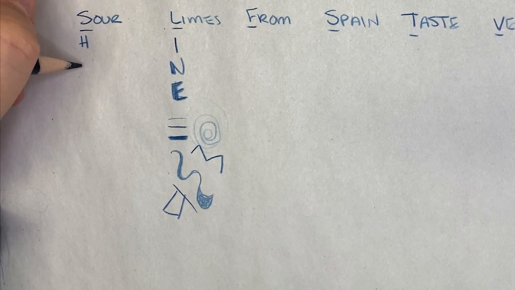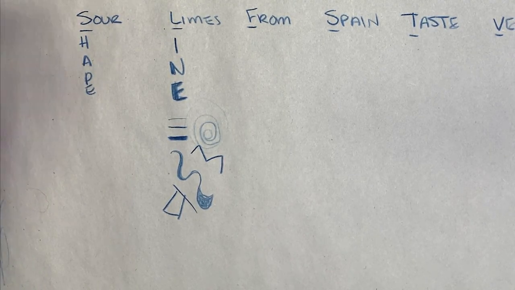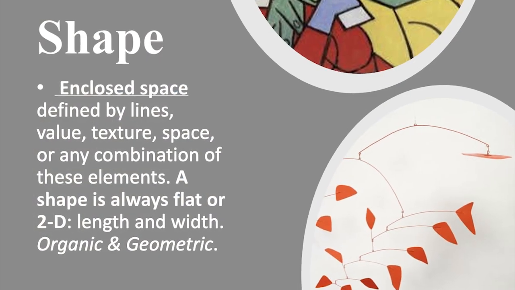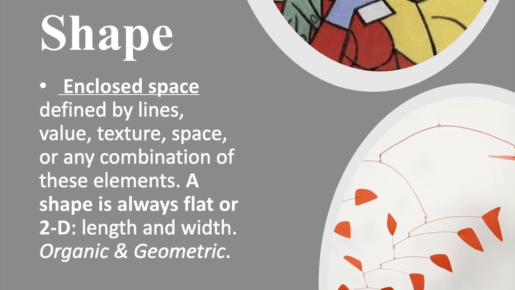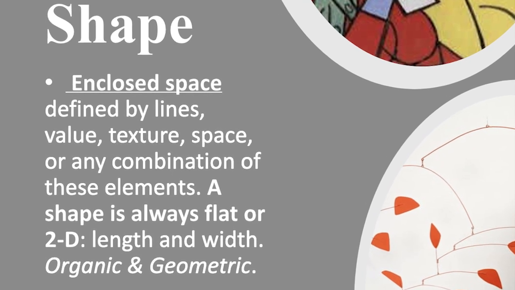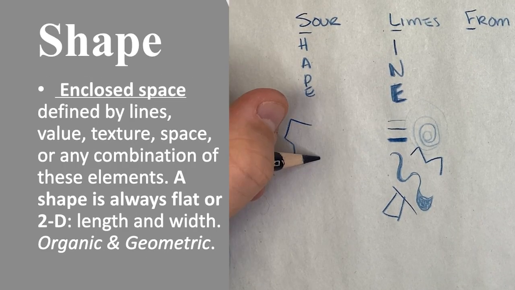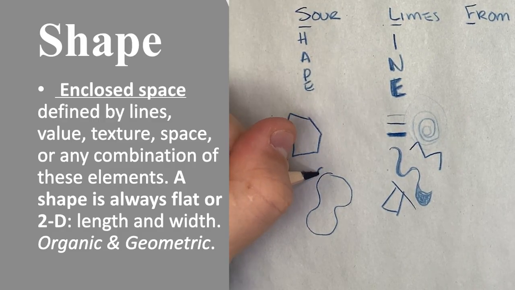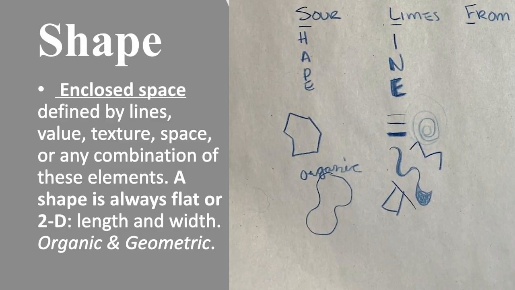If you continue a line all the way around until it meets itself again, you've created our second element, which is shape. Shape is simply enclosed space defined by lines, values, textures, or space, or any combination of these elements. Shapes can be classified into one of two categories: organic and geometric.